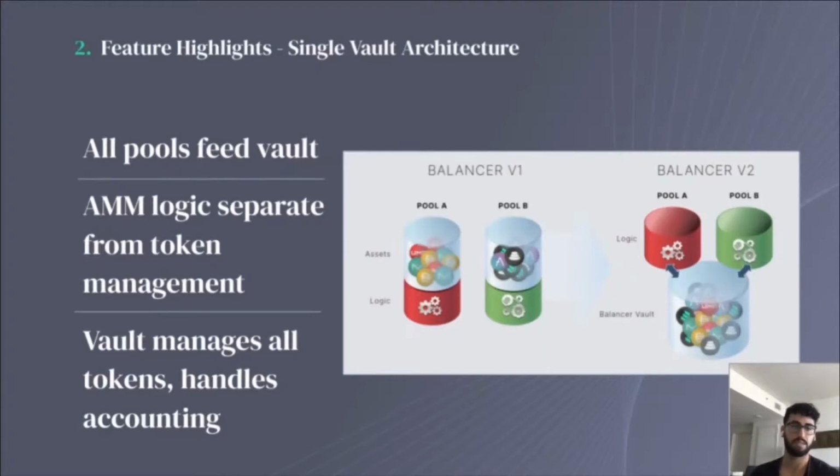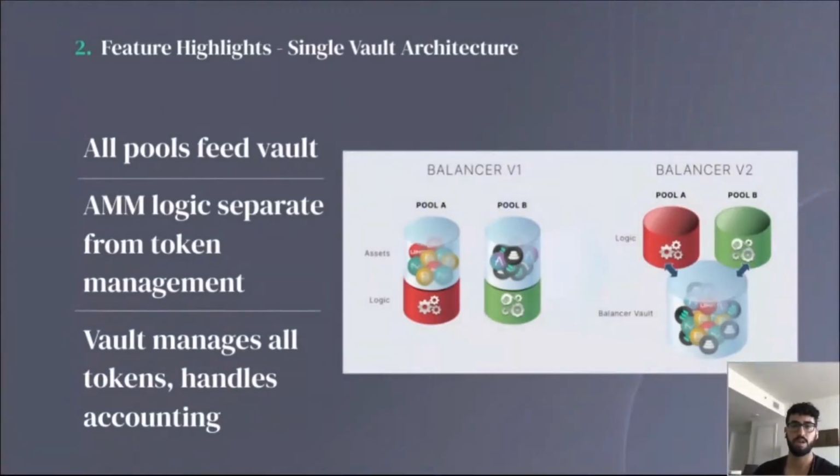This decision enables and enhances basically all of the following features that I'll be covering in this presentation. In V2, there's a separation of the AMM logic from the token management and accounting. The management and accounting is all done by the vault, while the AMM logic is individualized for each pool.